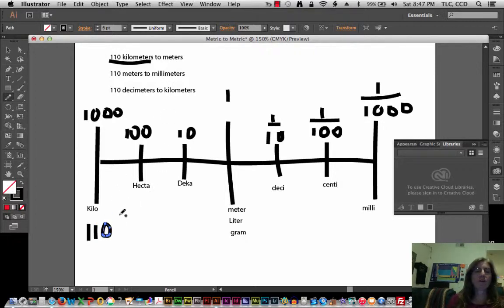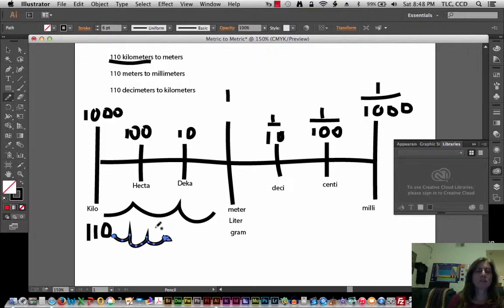Well, if I counted 1, 2, 3, then I know to move the decimal 3 places to the right to get to meter. So I'm taking a decimal here, and it's 1, 2, 3. Decimals here. This looks funky.